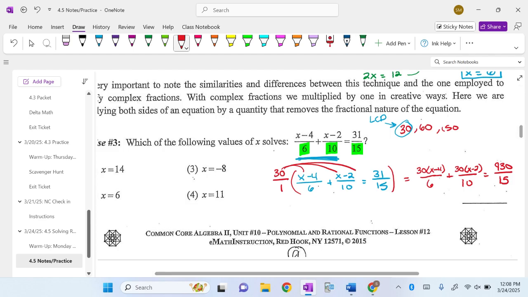Now, the reason you don't want to simplify or distribute just yet is because you want to simplify these little fractions first. So 30 over 6, 30 over 10, and 930 over 15. If you distribute, it'll be harder for you to simplify. Remember, when you're simplifying, you can only simplify what type of relationships?